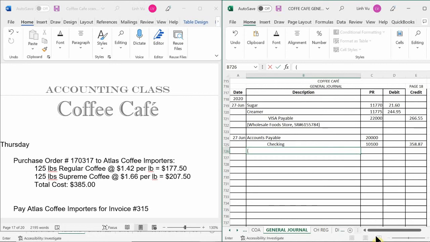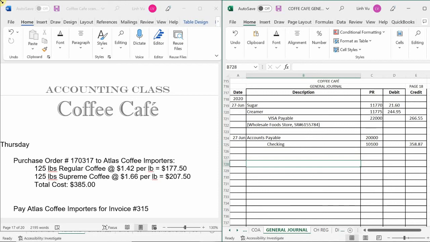Okay, so we need to put in, you need to add the discount, don't we? The purchase discount before checking. In this case, you're fine, because a purchase discount is a contra account, so it would be on the credit anyway.